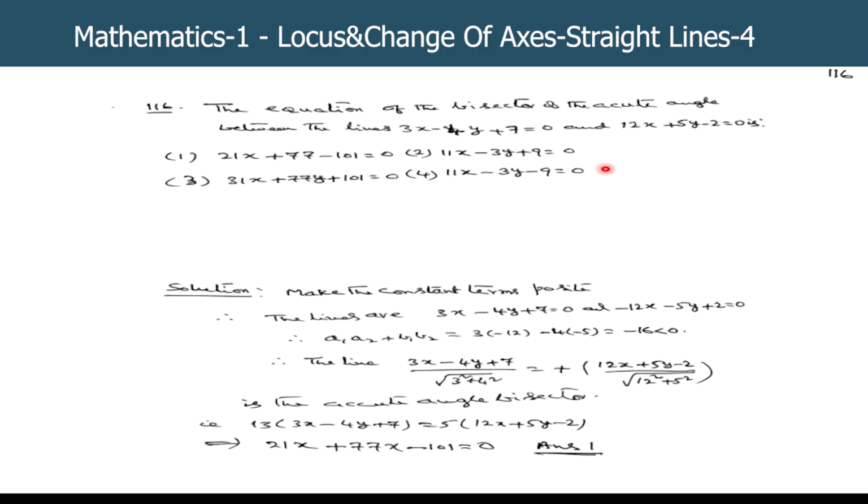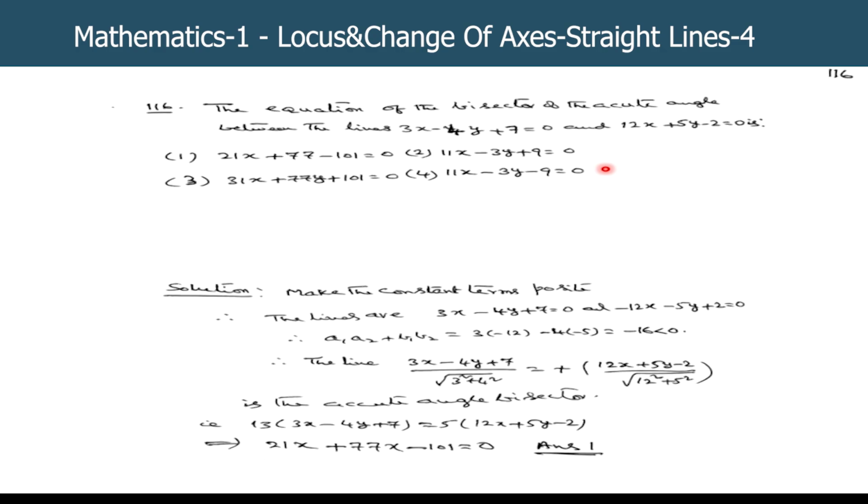Suppose a1x plus b1y plus c1 equal to 0 and a2x plus b2y plus c2 equal to 0, and c1 and c2 are both positive. Then in the bisector equation formula, if you take the plus sign, that always represents the acute angle bisector, and the minus sign always represents the obtuse angle bisector.